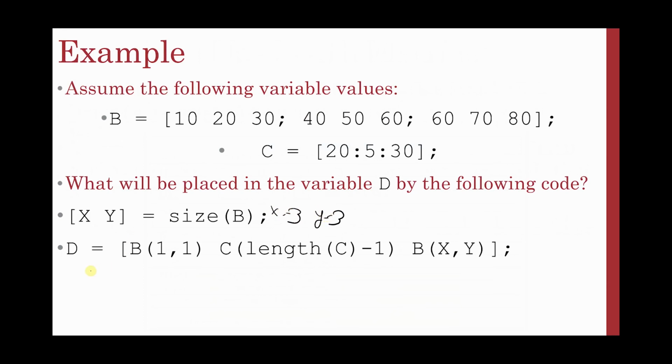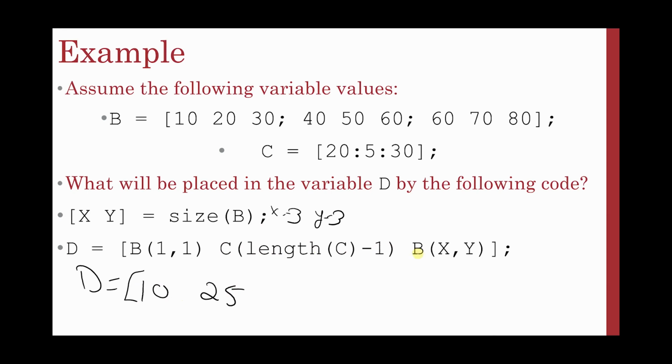Then d is equal to b(1,1). So it's saying go to matrix b, row 1, column 1. So that's 10. Then it wants to go to c of the length of c minus 1. So how long is c? The length of c is 3. Minus 1 is 2, so what's the second element of c? The second element of c is 25.